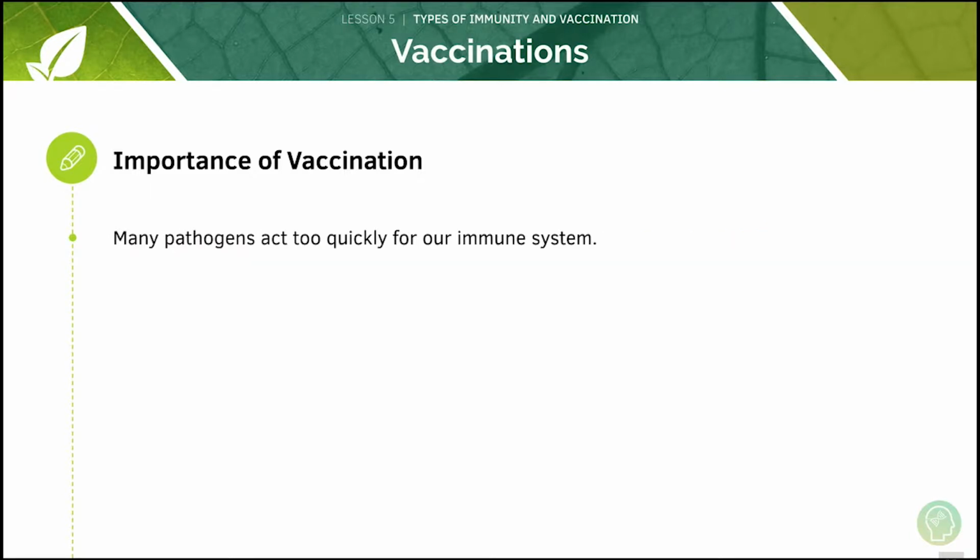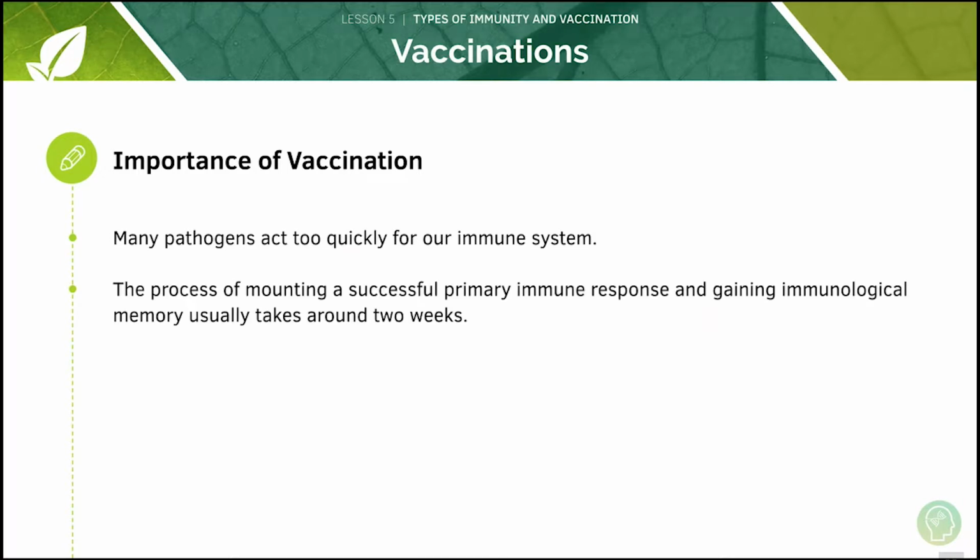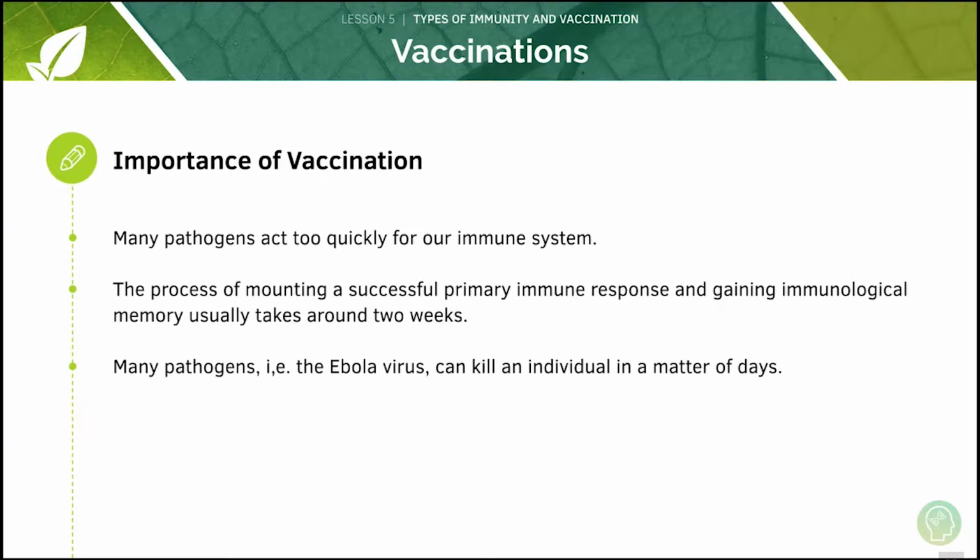Many pathogens act way too quickly for our immune system. The process of mounting a successful primary immune response and gaining immunological memory usually takes around 2 weeks. Many pathogens, such as the Ebola virus, can kill an individual in a matter of days.